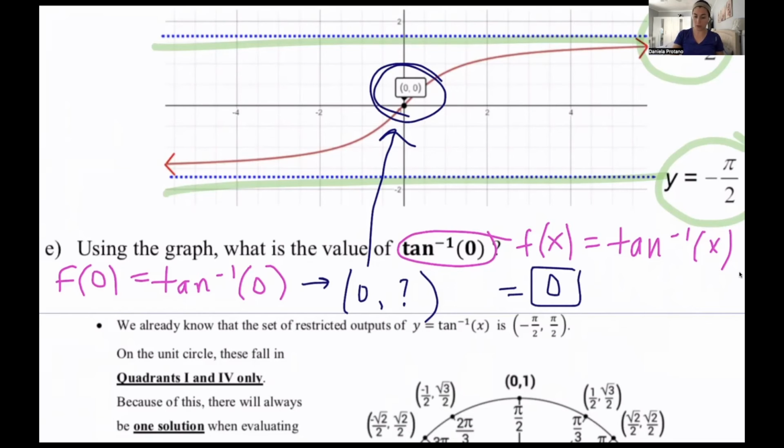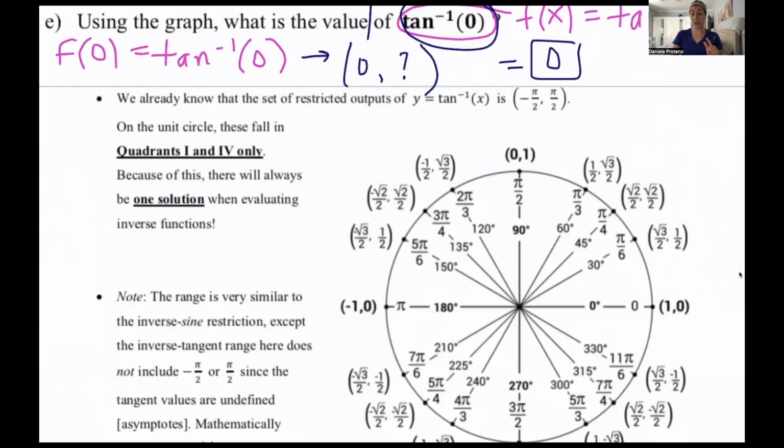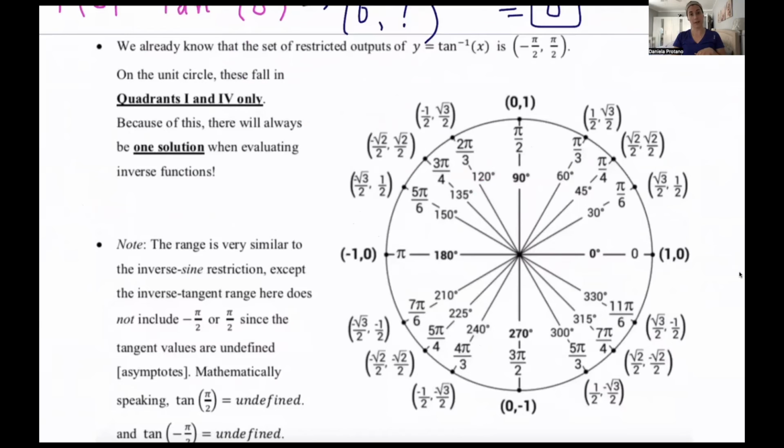And if we look at arctan of 0 on the unit circle, remember that x is cosine and sine would be the y value of the coordinate. Tangent, we're looking for the y value divided by the x value. So if we want to confirm our answer using the unit circle, tangent is y over x.